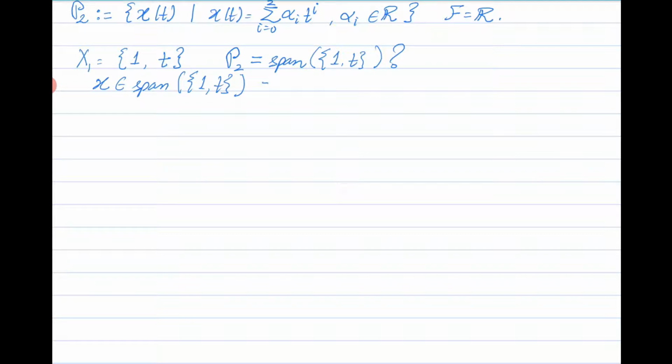x belongs to the span of 1 and t, which essentially implies that x can be represented as, let's say, alpha 0 plus alpha 1 t, where alpha 0 and alpha 1 belong to R. R is the field. And this implies back that x belongs to P2.